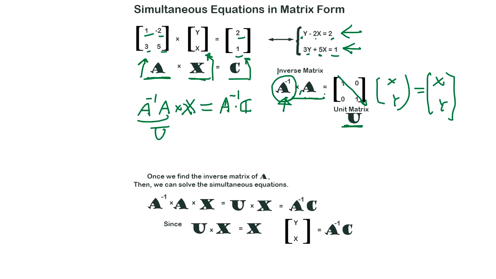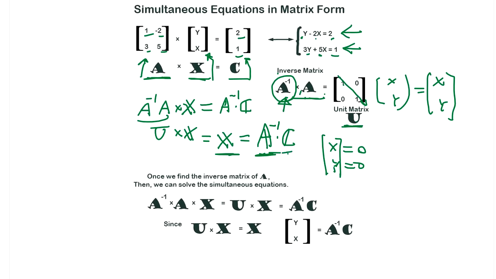So this is going to be just the A inverse times C matrix. So what happens is, once you know how to find the inverse matrix, then you can get x equals a value, y equals a value, right?